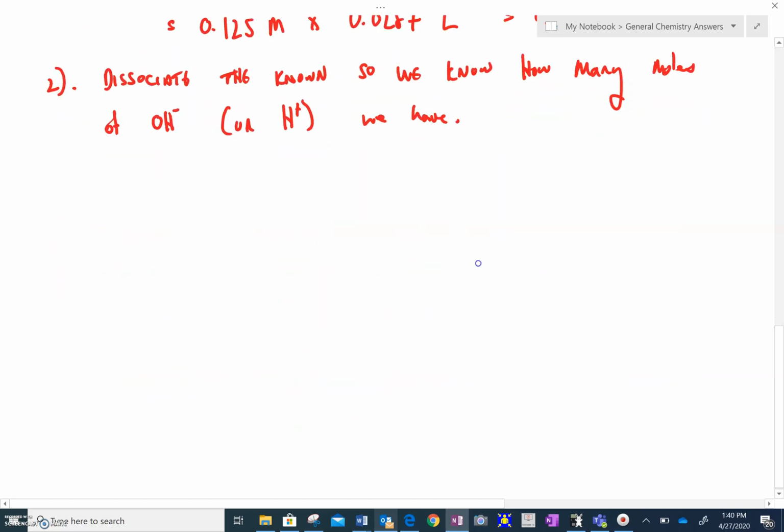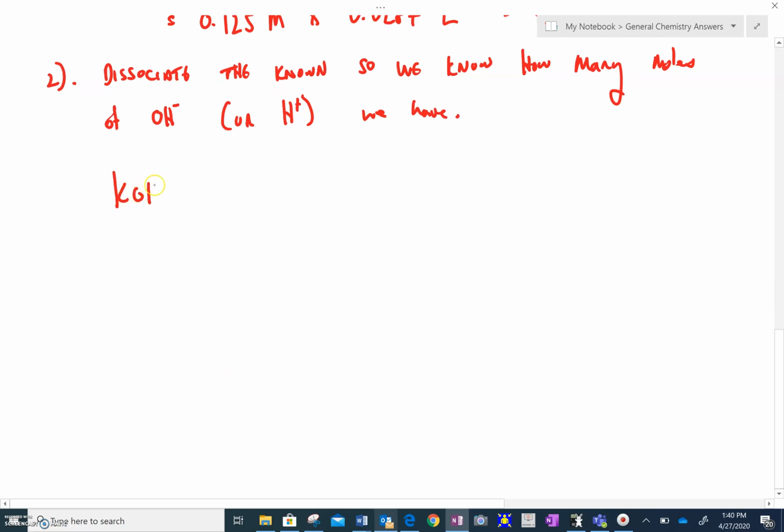Okay? So we're going to take our potassium hydroxide, and we know it dissociates right down the middle into potassium and hydroxide. We found in the first step that you had 0.0036 moles of this stuff. Well, when it dissociates, you're going to get exactly the same amount of potassium and exactly the same amount of hydroxide because there's no coefficients, there's no subscripts here. Okay?